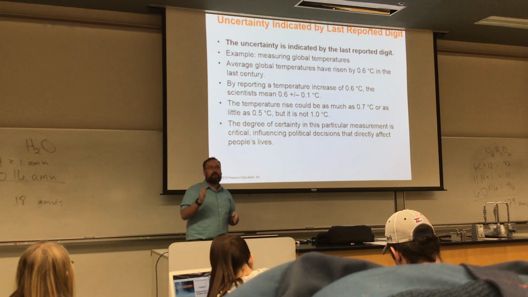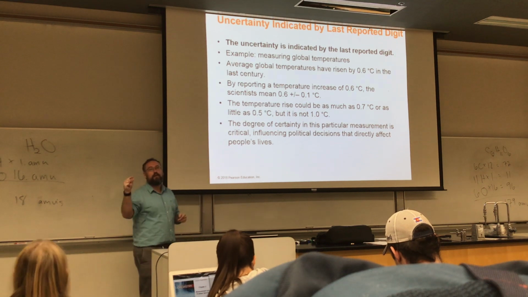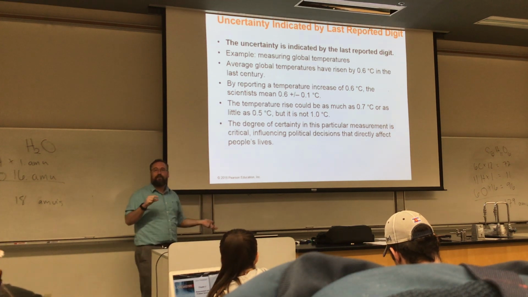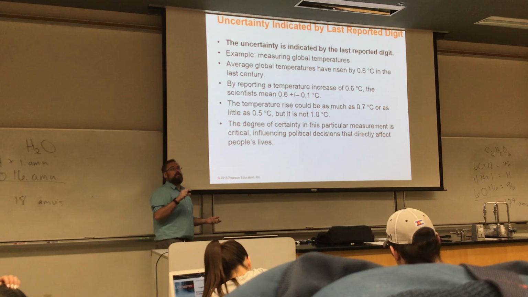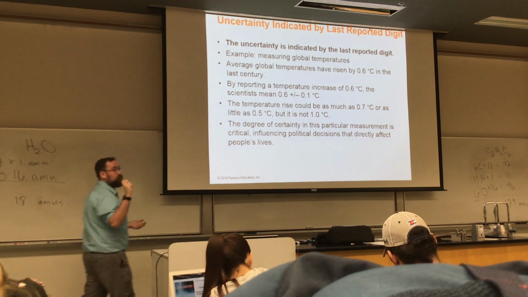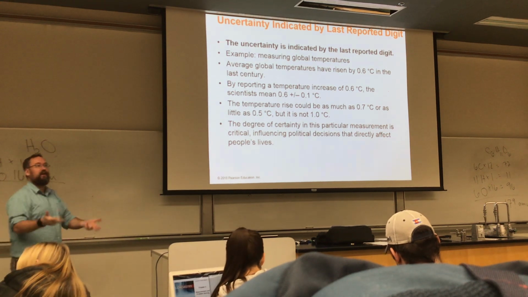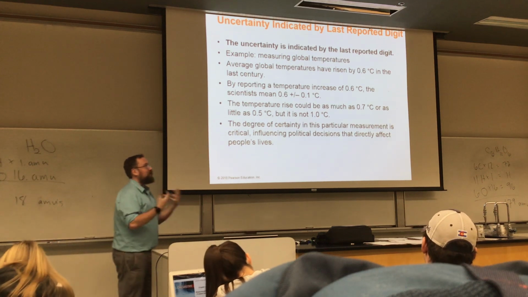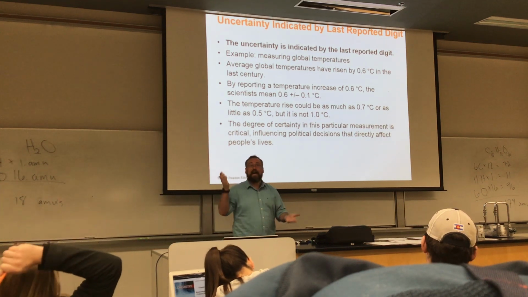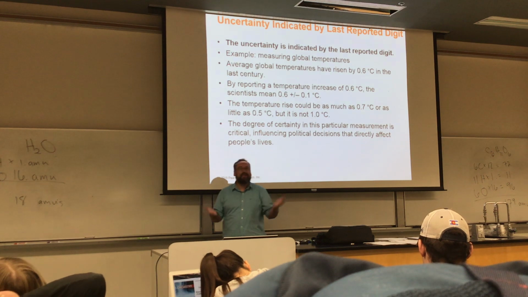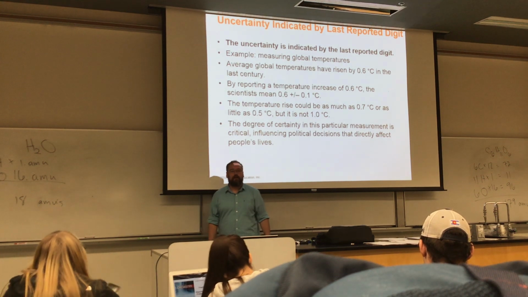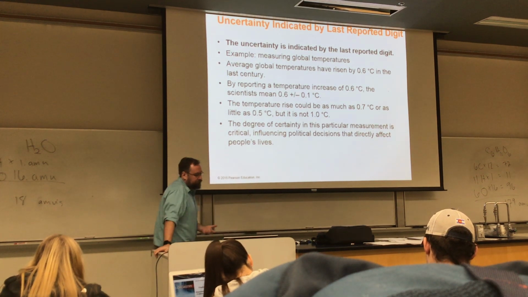We know what those values are. It's the space in between where we have to guess. That's what uncertainty is. It's where you take a little bit of a guess because you can estimate it, but that will have some sort of error bar, meaning it's within this amount of that last reported digit.